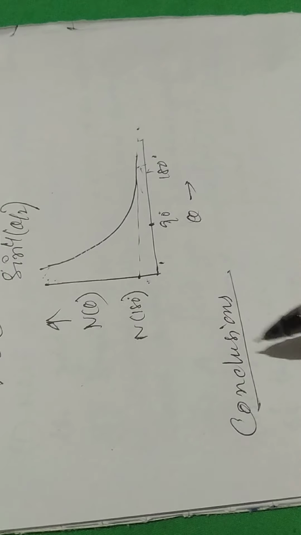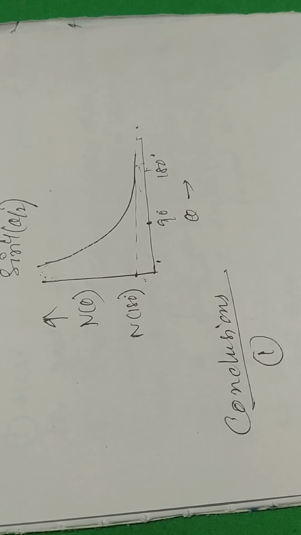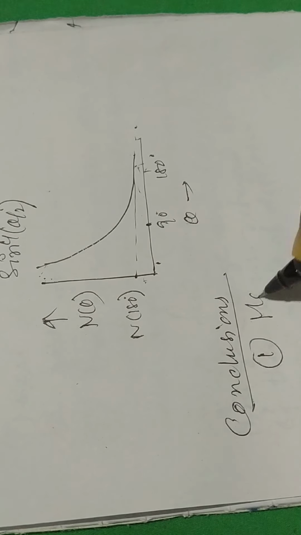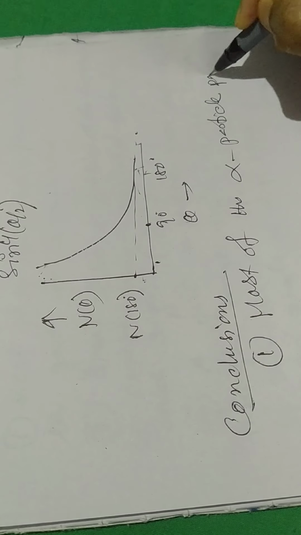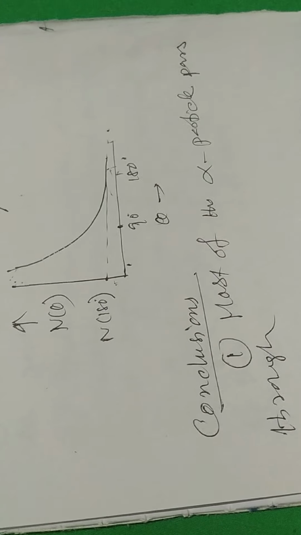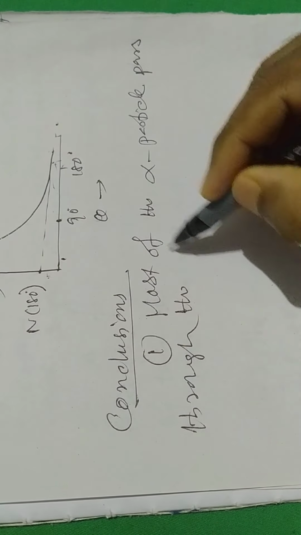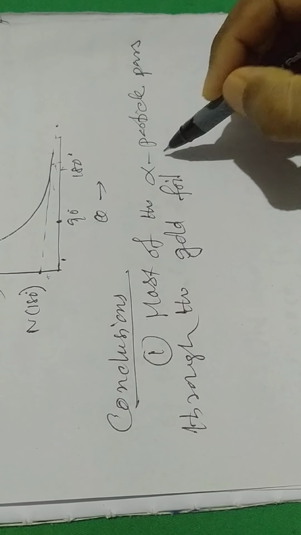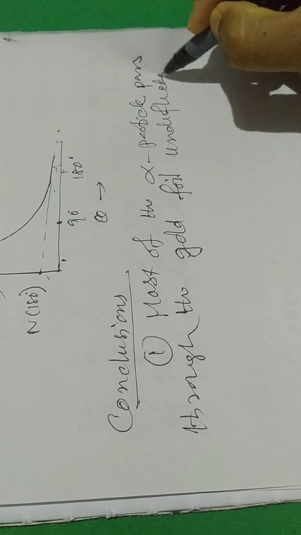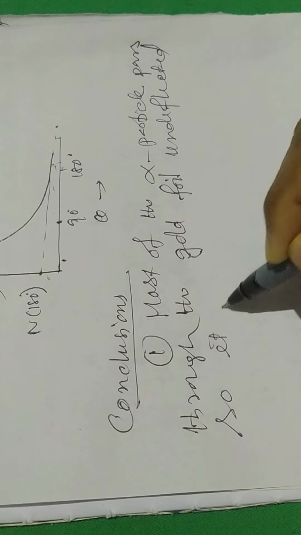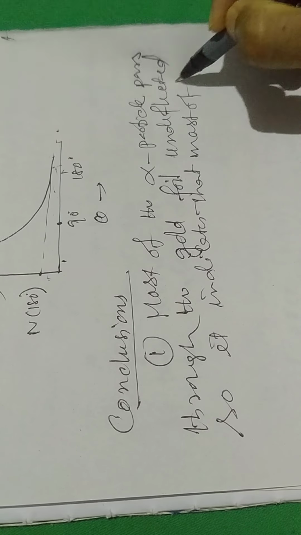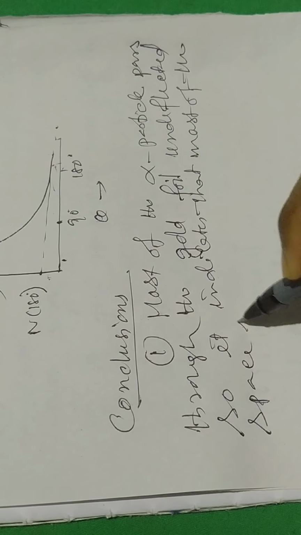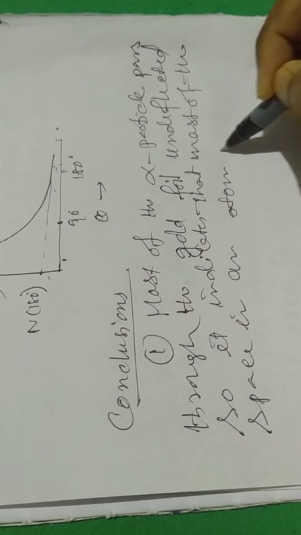Number 1: most of the alpha particles pass through the gold foil undeflected, so it indicates that most of the space in an atom is empty.